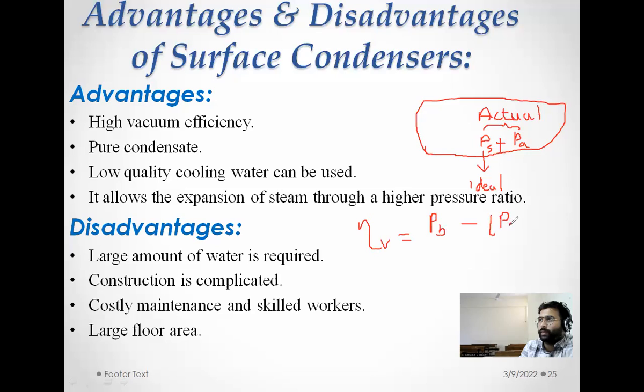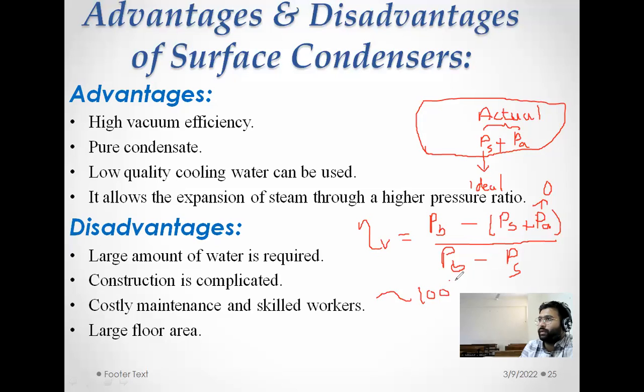PS plus PA, divided by PB, the barometric pressure measured with the help of an instrument, minus the ideal pressure, that is PS. If there is no leakage in a condenser, that means the air pressure will be 0, and then we get PB minus PS divided by PB minus PS, which is equal to 100% vacuum efficiency.